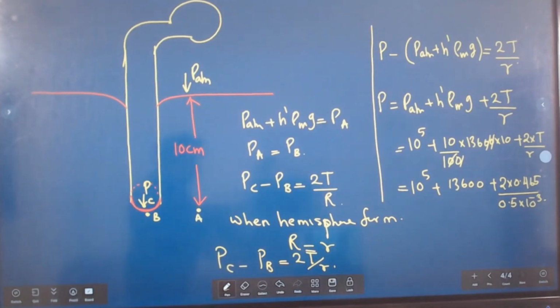Right. Now simplify this, you can find the answer. Here 2.465 divided by 0.5 times 10 to the power minus 3.